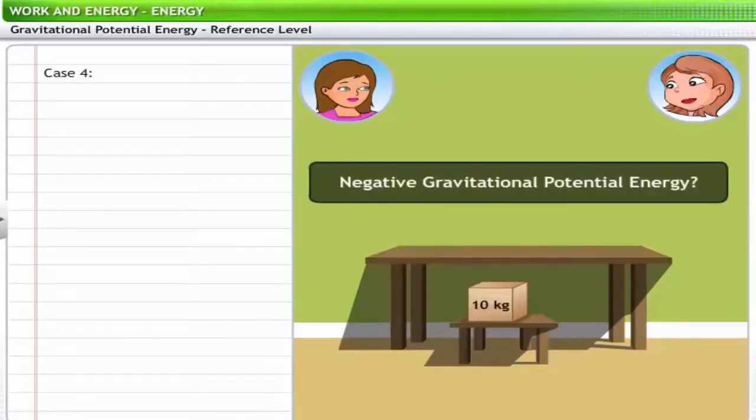As you can observe, the value of the height of the block with respect to the table is the same as that in the second case, which is 1.5 meter. Even the value of acceleration due to gravity and mass of the block remains constant.